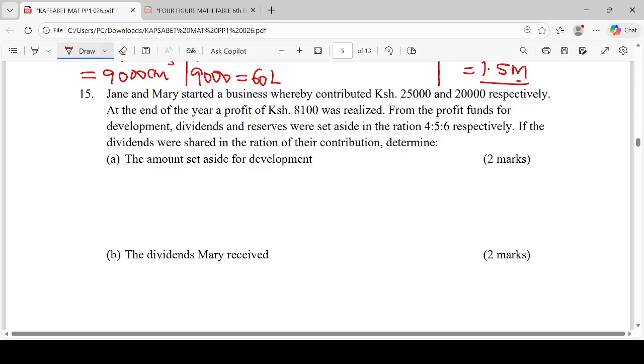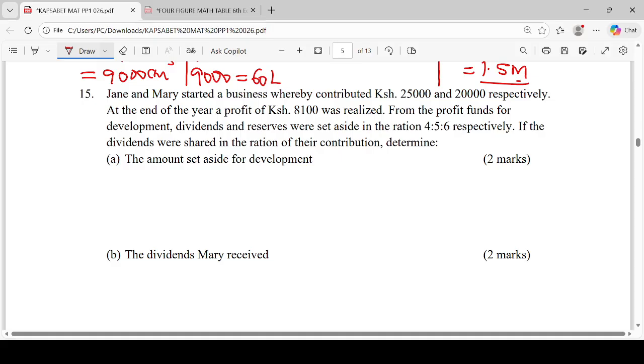Remember that we have two people here, Jane and Mary, who started a business contributing 25,000 and 20,000 respectively. At the end of the year, a profit of 8,100 shillings was realized. From the profit, funds for development, dividends and reserves were set aside in the ratio 4:5:6 respectively.